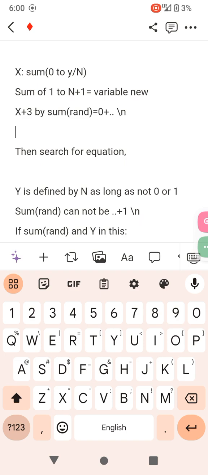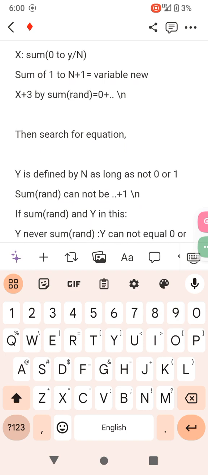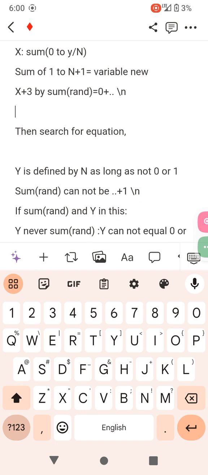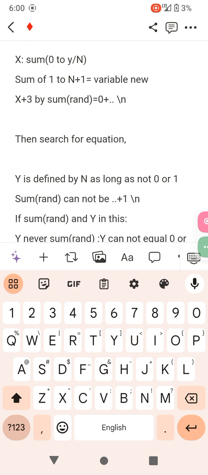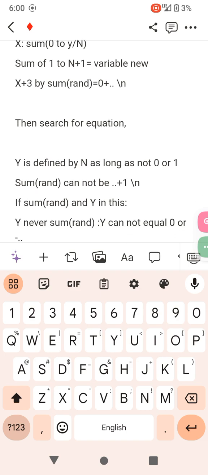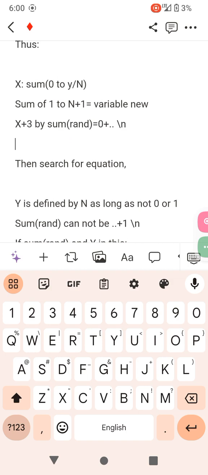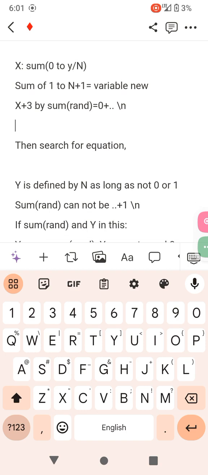x plus 3 by some random equals 0 plus something by definition, meaning by premise of n at least. And that, meaning x plus 3 by some random, is then calculated as x plus 3 under some random equals 0 plus something.